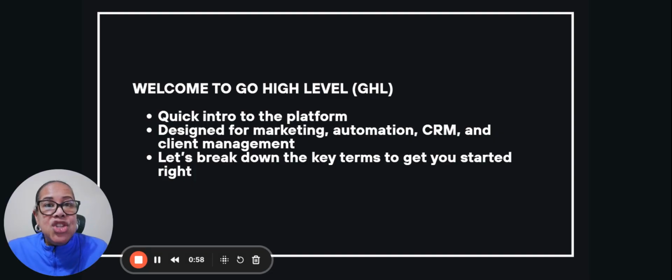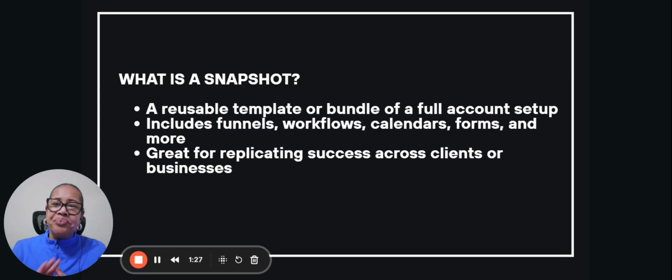If you have an agency and you work specifically with clients and you help them to grow their business, if you're a social media marketing manager, if you're someone that's really just looking to take your business to the next level, Go High Level is an amazing platform that will allow you to do a multitude of things. It has well over 300 features. We're not going to go into all of that today. We'll save that for another video. But for this video, we're going to jump right into the terminology.